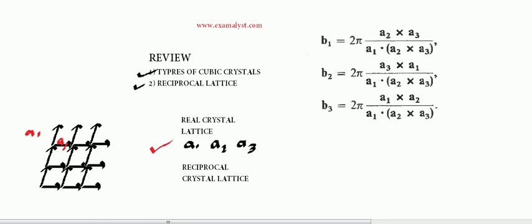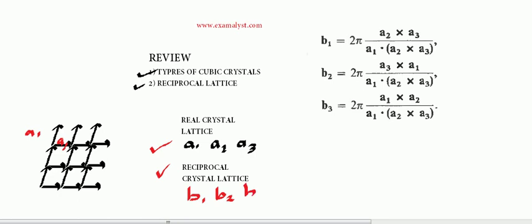Now we were not happy. The scientists, the X-ray diffraction crystallographers, were not happy, and they found a Fourier space, and they said instead of using a1, use b1, b2, and b3.